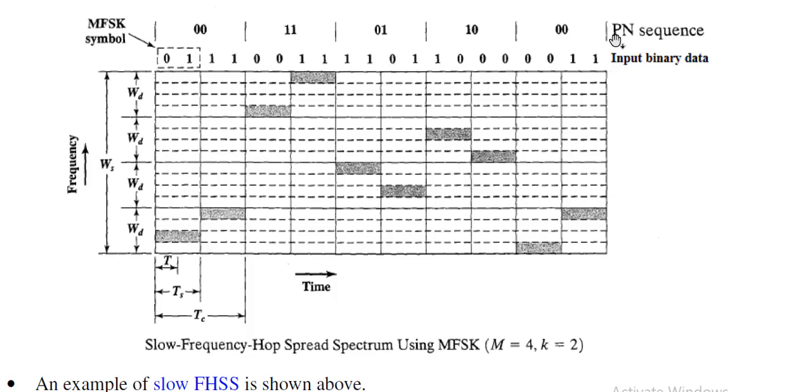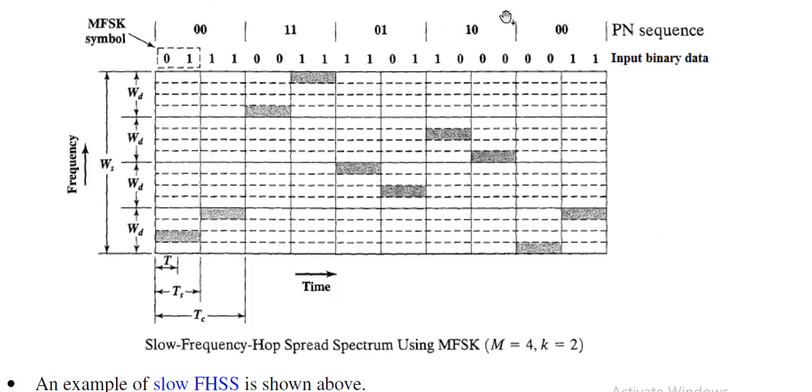Now we want the pseudo noise or pseudo random generator that will tell me the code of the used channel, which means that this pseudo noise generator will generate 4 codes for this band or this band or this one or this one, which means it will generate either 00, 01, 10 or 11.